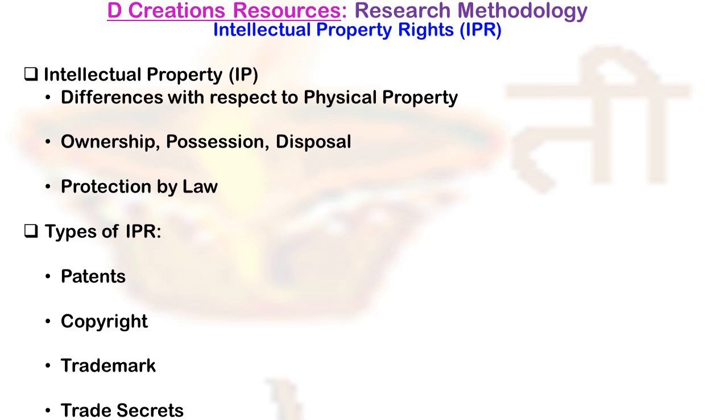For example, if you look at copyright, now I'm sure you must be familiar with it. You must have seen that symbol, right? There's a circle, and inside that there is a letter C written. So it's the legal term which is used for describing the rights that creators have over their literary and artistic works. So, when I say literary and artistic works, what all can come under it?